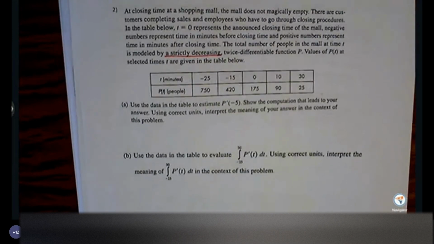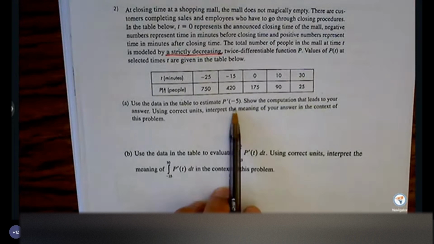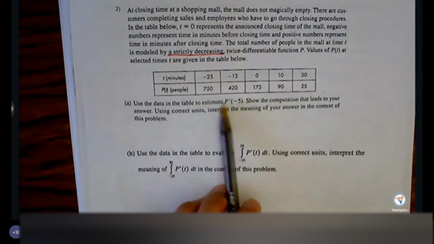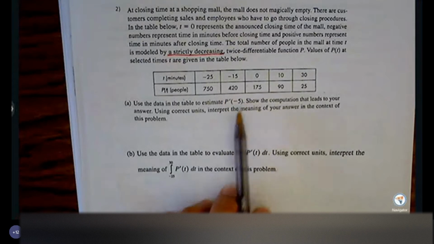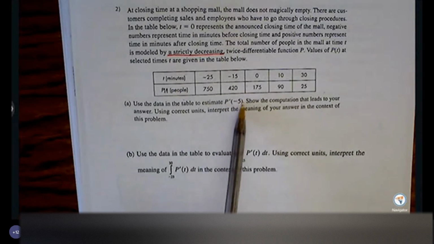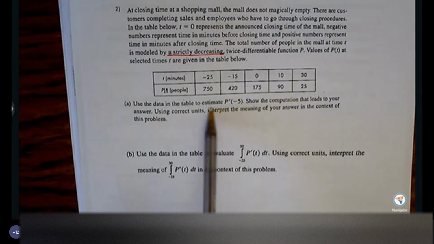All right, so we want to find P prime of -5. We know that this is a derivative, right? But we don't have a formula to find a derivative, but we do know this is basically another way of saying slope. It says estimate, so we don't have to find the exact rate of change.